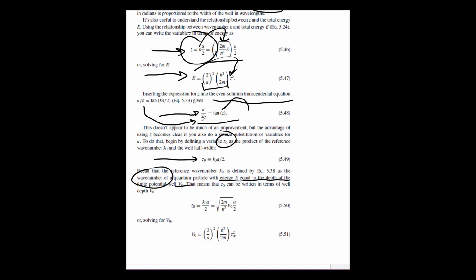So essentially a particle that is right at the top of the well energy-wise. z0 tells you how many wavelengths for that particle fit in the half-width of the well, once again converted to radians. And just as we did before, we can substitute in for k0 an expression involving V0, and then when we solve that for V0, we get the same constants as we had in the E case, and now we've got a z0 squared.